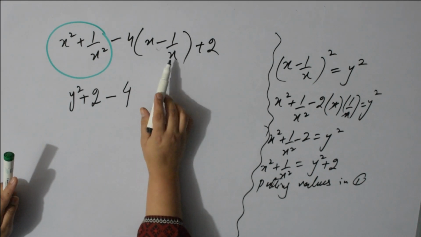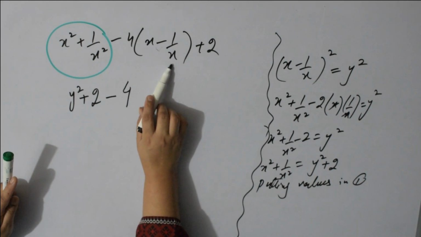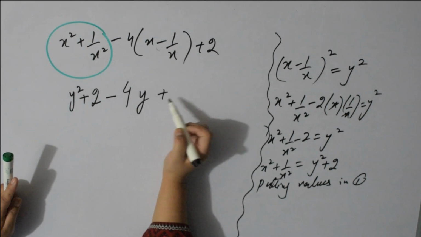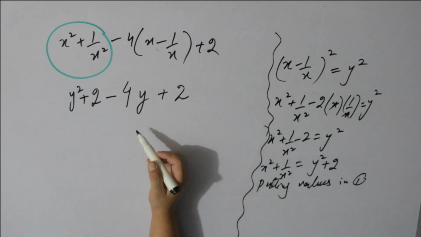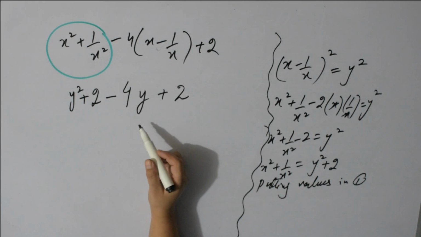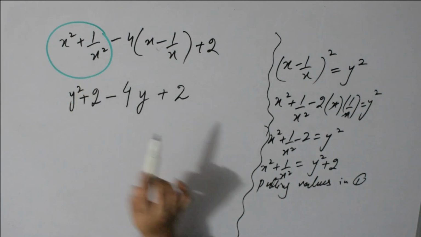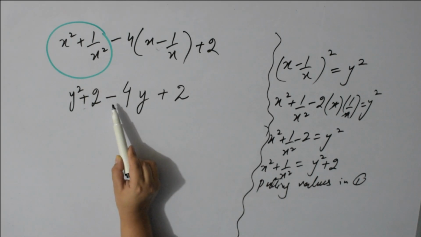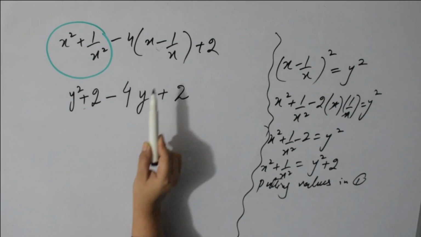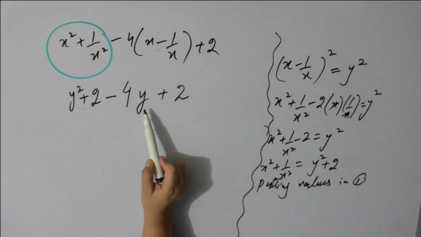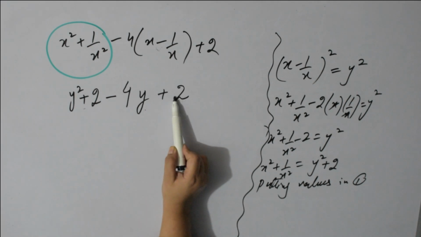What is value of x minus 1 by x? I let x minus 1 by x as y, plus 2. I hope students this is clear to you that the value that I had over here, y square plus 2, in its place I wrote y square plus 2, then minus 4, and in its place what have we written, in its place I have written y and plus 2.